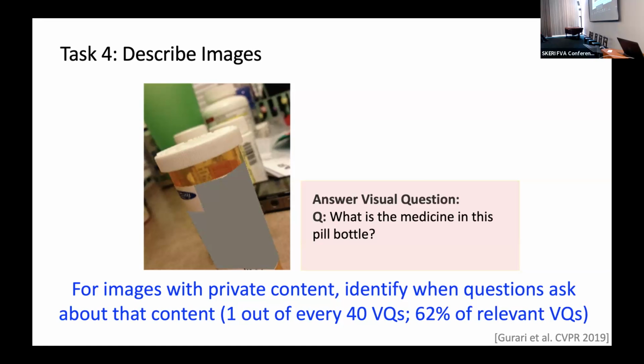And for 62% of those images where there were questions about them, the questions actually asked about the private content, because that was the best that perhaps the user could do to learn about, am I, for example, taking the right medicine when I open up a pill bottle? So in the example I show here, the question is, what is the medicine in this pill bottle? So we have another task, which is indicating whether or not someone's asking about the private content, so we can let those kind of questions through in theory.